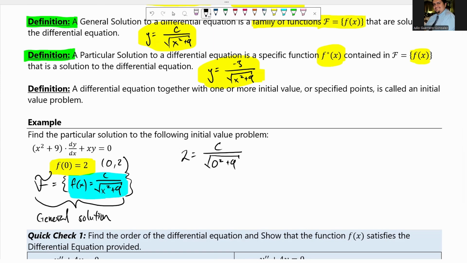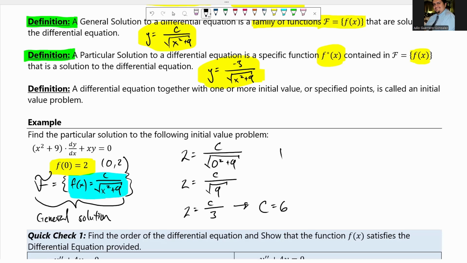So this is going to be 2 is equal to c over, what is that going to be? The square root of 9. 2 is going to be equal to c over 3. C is equal to 6.